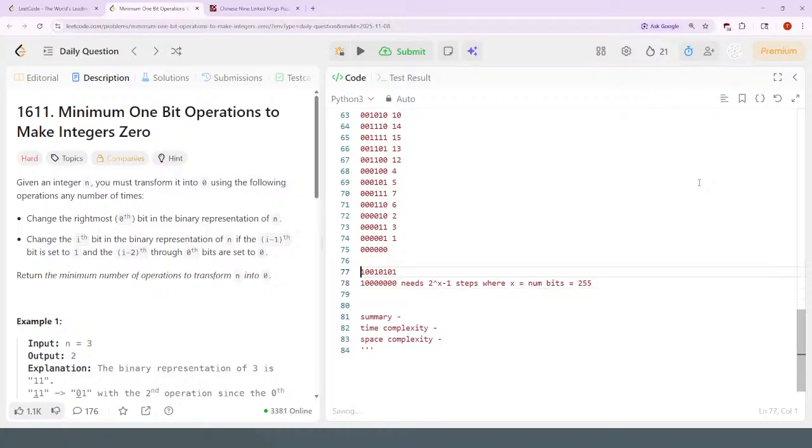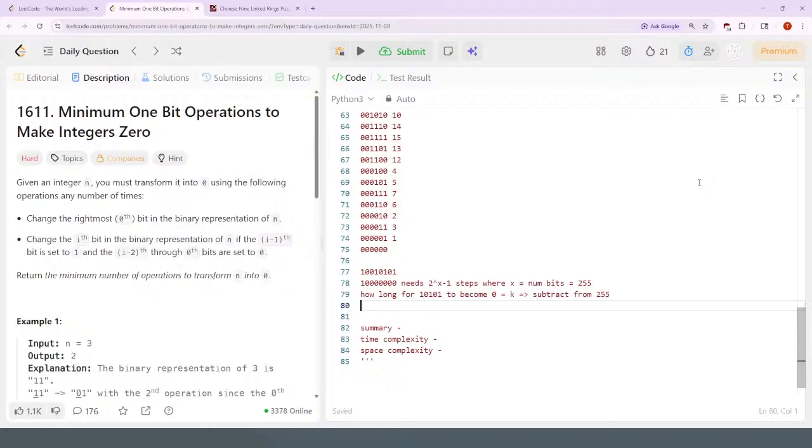Okay. So then the question is how long it takes to get this thing to become 0. Let's call that k, and I would need to subtract that from 255.